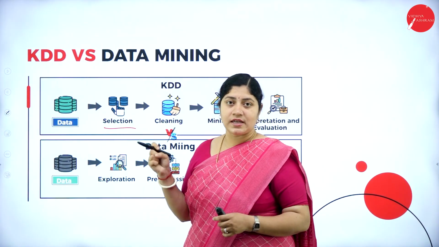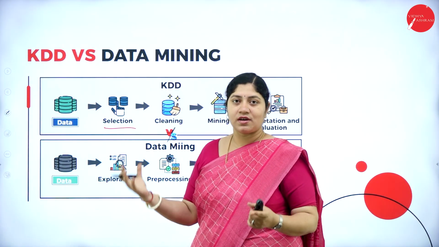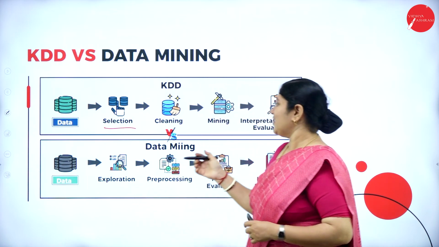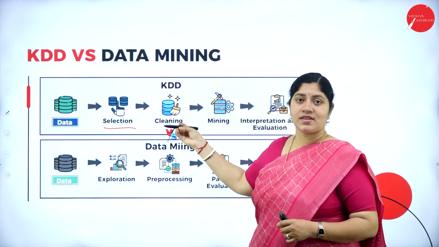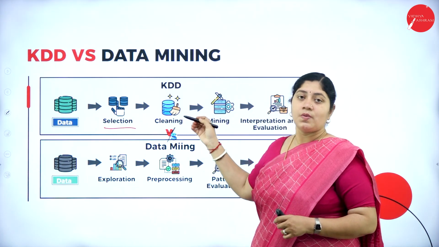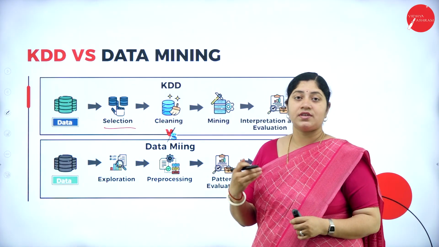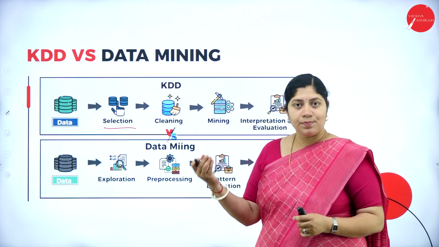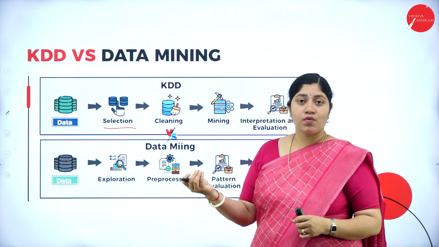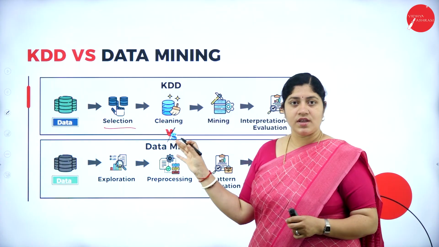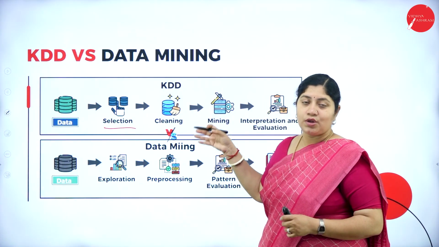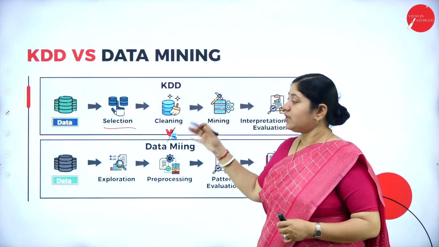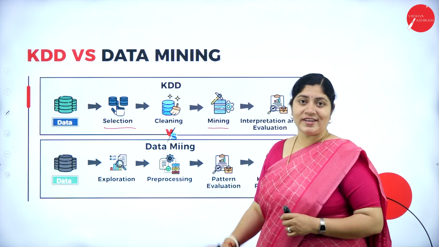Once data has been selected from that data warehouse, what's next? The next step is data cleaning, wherein we verify the data we have picked up, whether it has any repeated or unwanted samples. We discard those under data cleaning. Once data cleaning is done, it is sent for data mining.